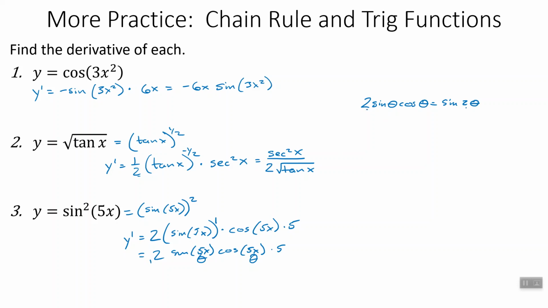So this is all going to just be sine of twice what's in here. We still have the times 5, so times 5 is just still there. And then we get sine of double what's in here, so that would be 10x, like that. All right, if you didn't like that, that's okay, guys. You can leave it like this for me. That's fine. You're just trying to match answers on the AP exam.